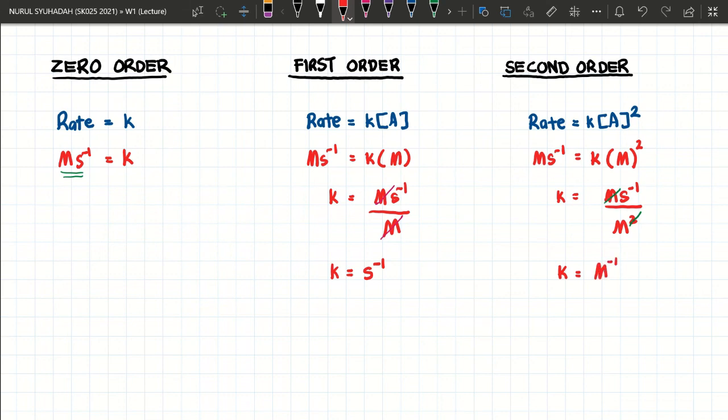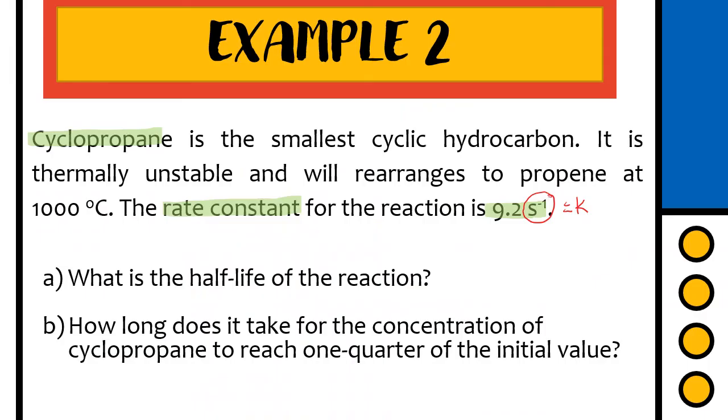per molar per second. So by looking at the unit for the rate constant, we can know which order of reaction we have for our reaction. So now let's go back to our question and determine which order of reaction it is. As you can see here, we have s^-1, meaning what order of reaction do we have?